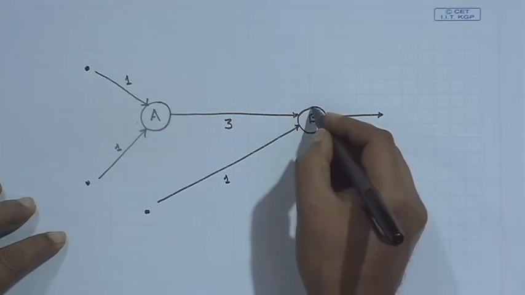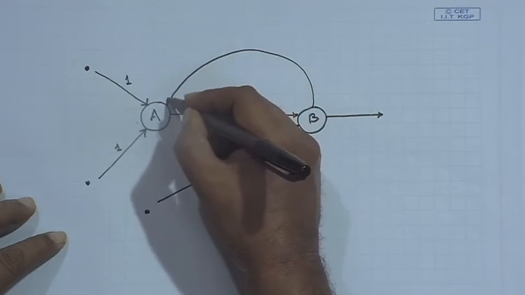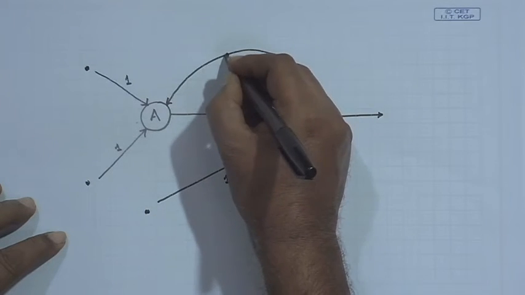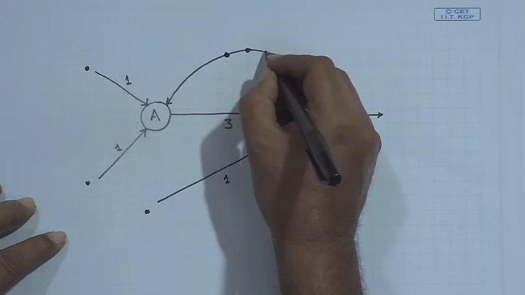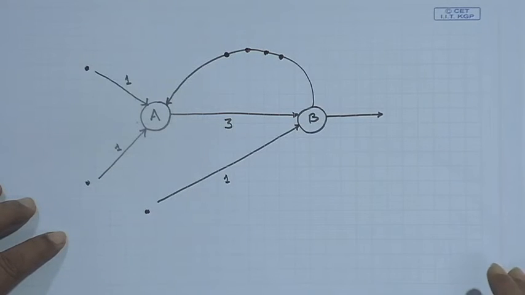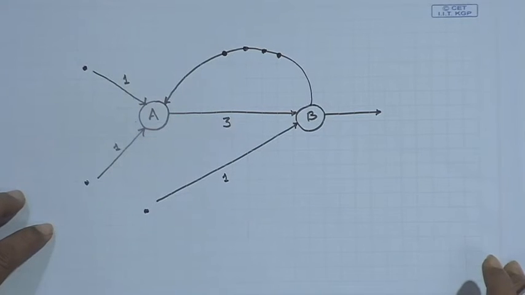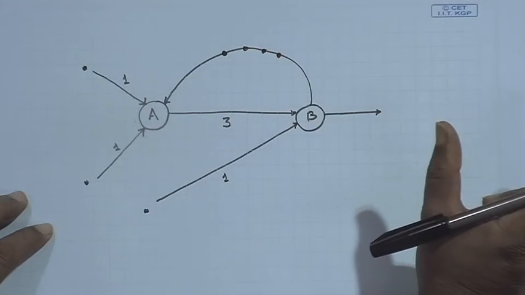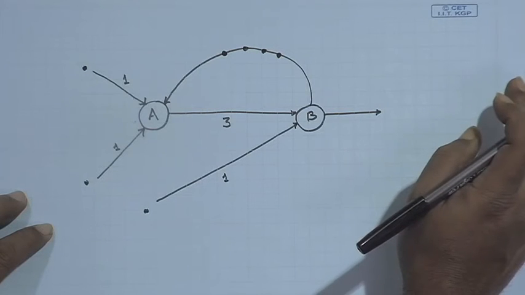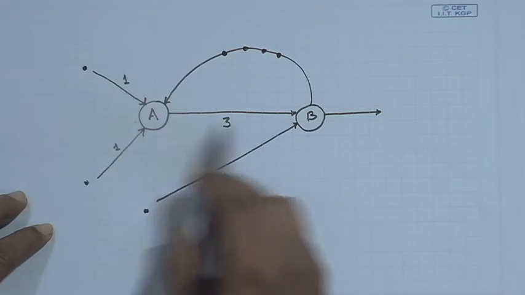Now, if I put a reverse edge here and put in 4 tokens at this point, what happens? Because my buffer space was 4, so at any point of time, now what does this mean?